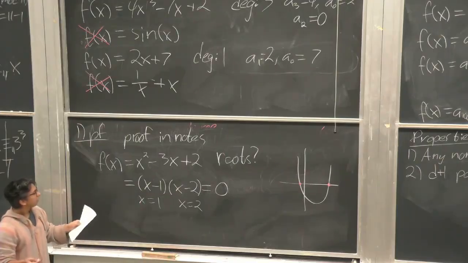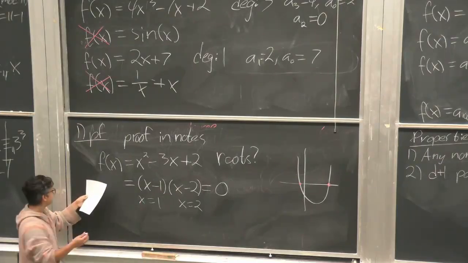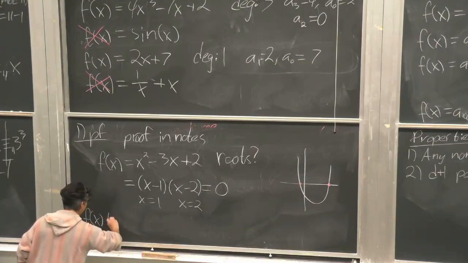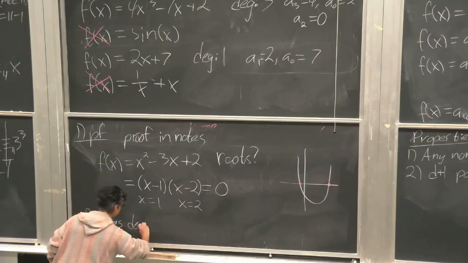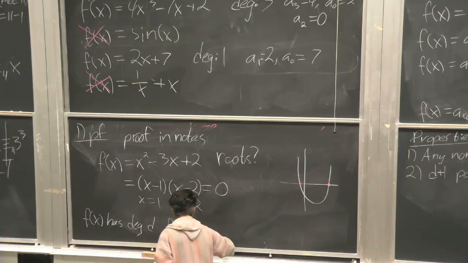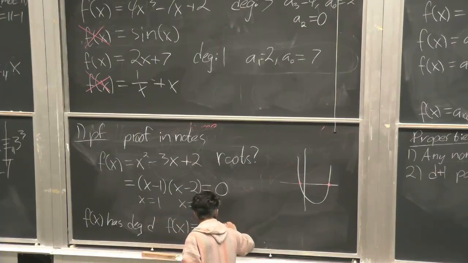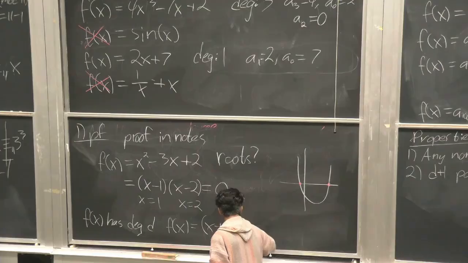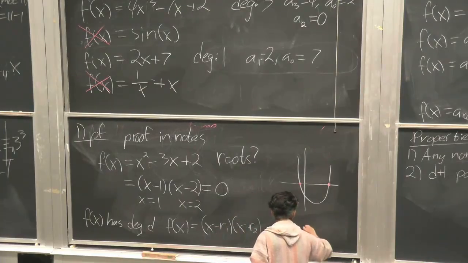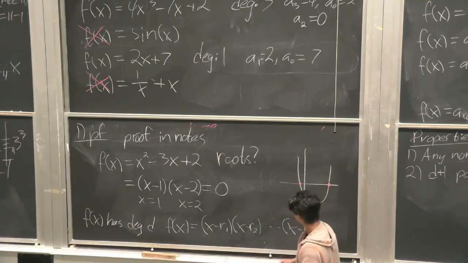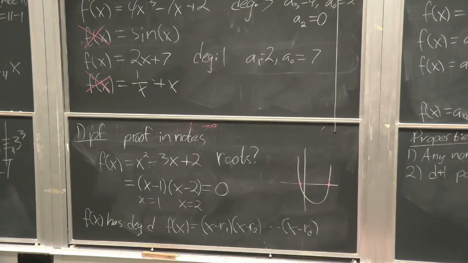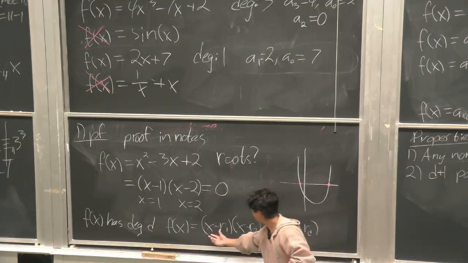So the proof of this is just that if f of x has degree d, then you could basically always write f of x as x minus r1, x minus r2, all the way to x minus rd. So if you have a polynomial that's degree d, you can break it up into its roots.